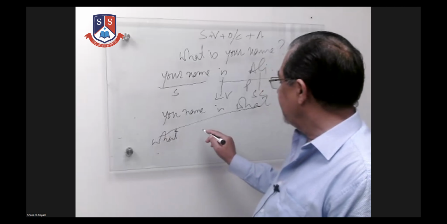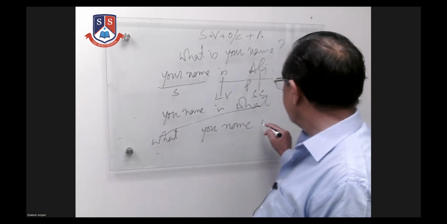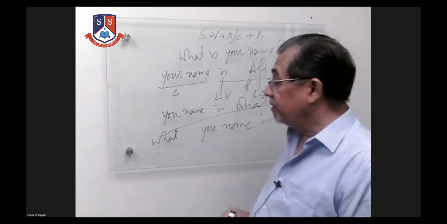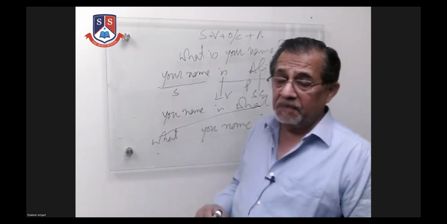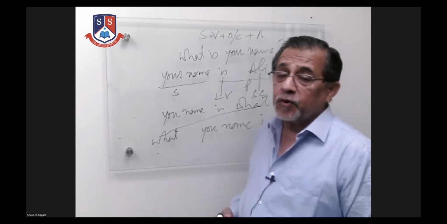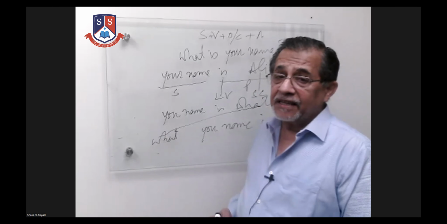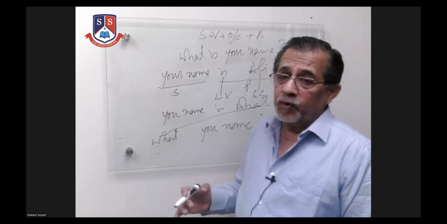What your name is. Now, when a WH word comes at the beginning and makes a question, right? It tends to take a verb or a helping verb with it.